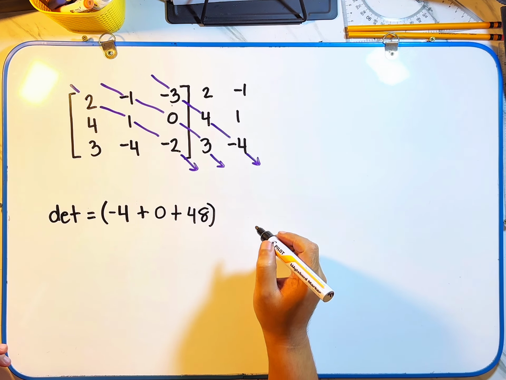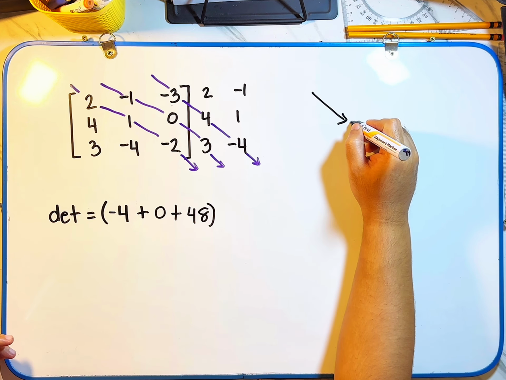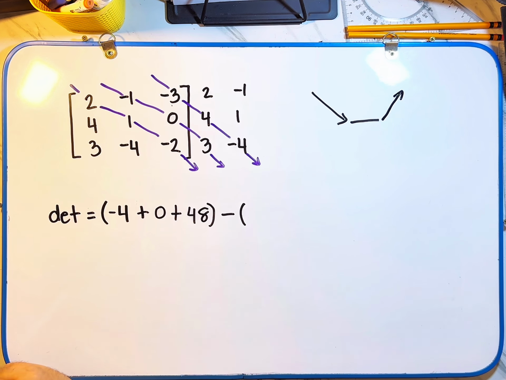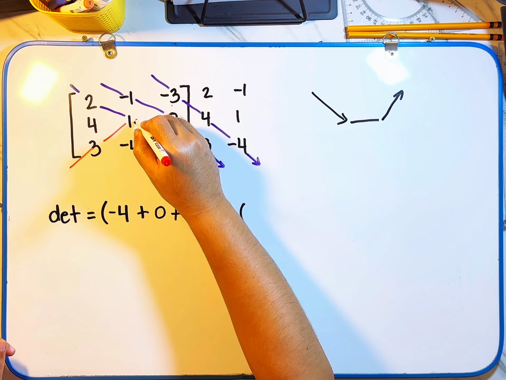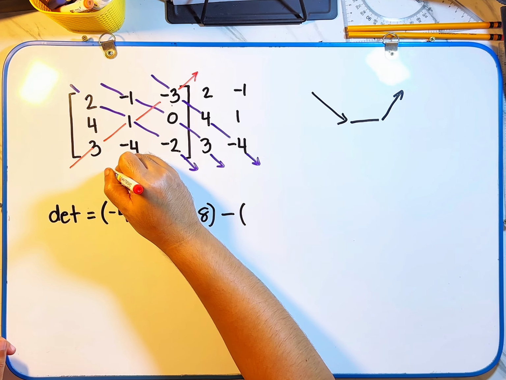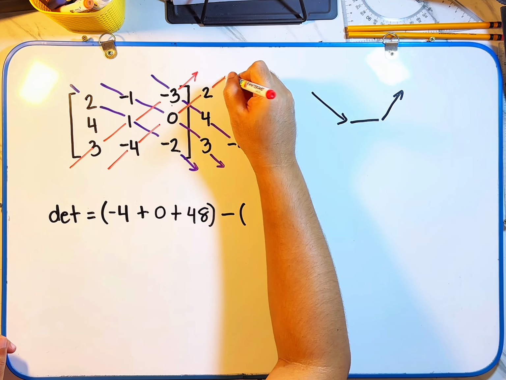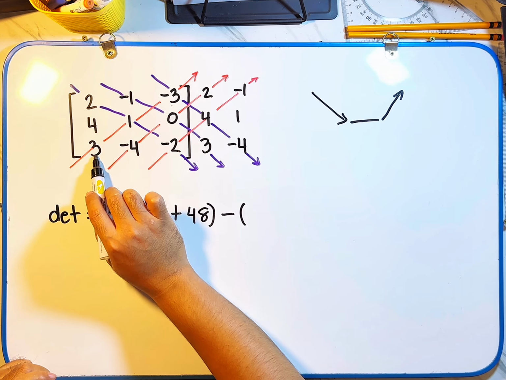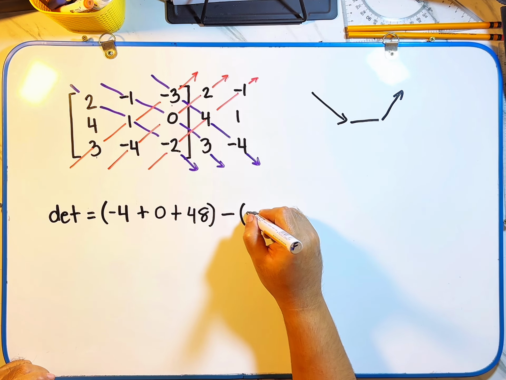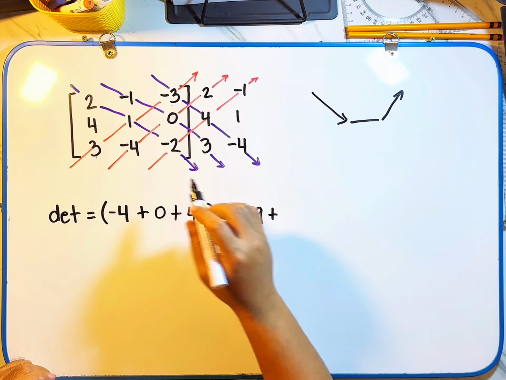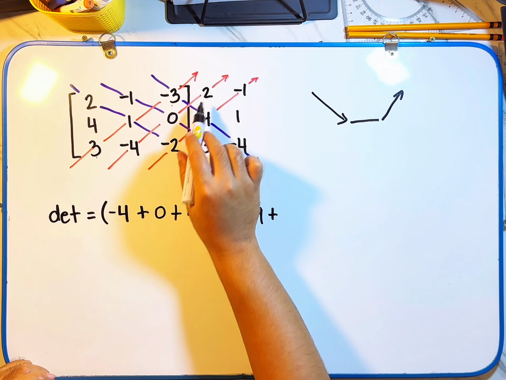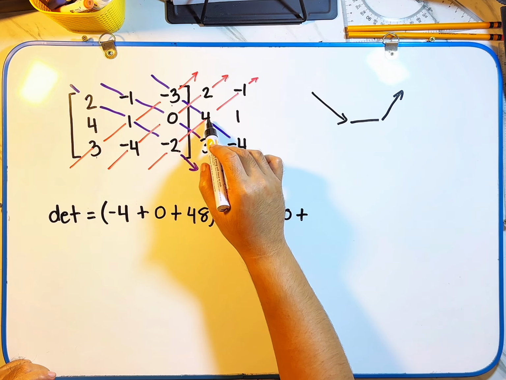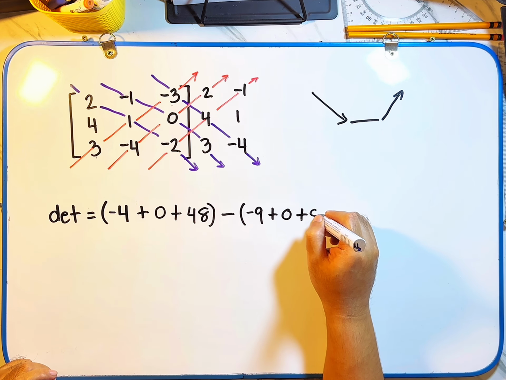And then after multiplying diagonally downwards, minus. And then multiply diagonally upwards. This diagonal, and then this, and also this one. 3 times 1 times negative 3, that's negative 9, plus negative 4 times 0 times 2, so that is 0, and then plus negative 2 times 4 times negative 1, that's 8.